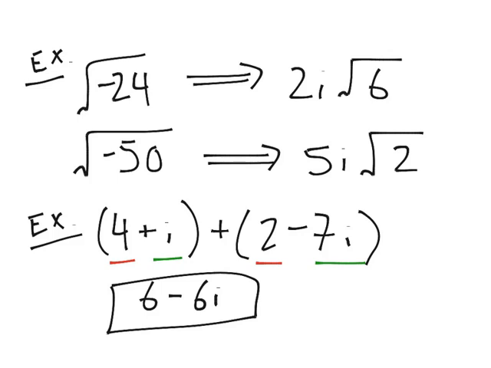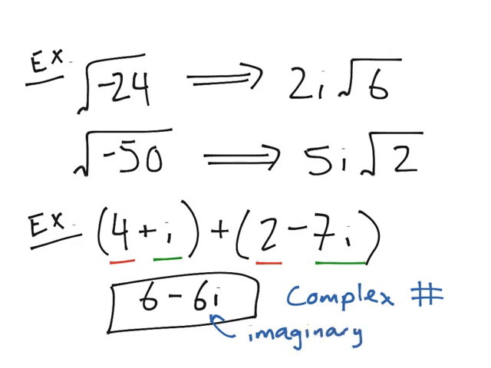Now that number right there is actually called a complex number. And it's called a complex number because I have part of it that's imaginary, right? Part of it has an I in it, and then part of it is a real number, right? That's just 6, which is a real number, and then negative 6I, which is an imaginary number.